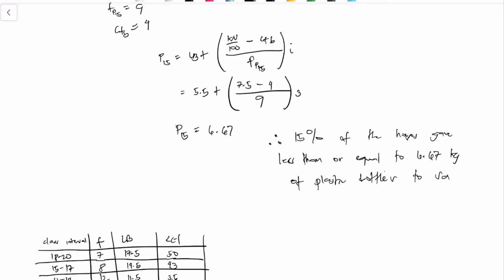At the same time, since 15% gave less than or equal to 6.67 kilograms, that also means that 85% gave more than or equal to 6.67 kilograms of plastic bottles.